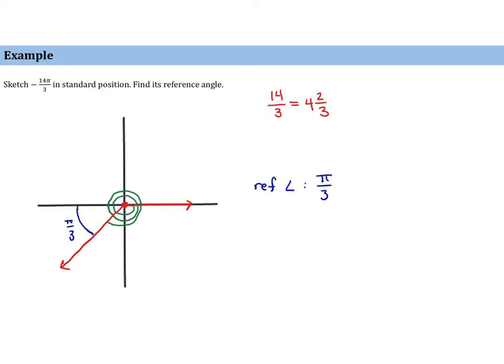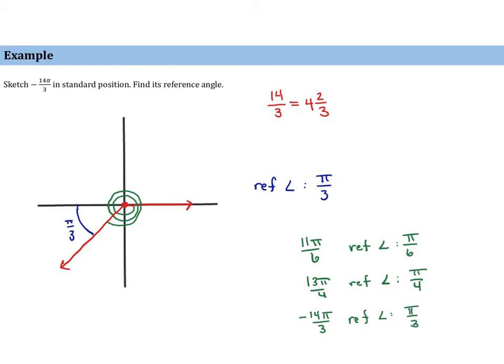So let's take an inventory of what we found up to this point with radians. We saw that 11 pi over 6 had a reference angle of pi over 6. We saw 13 pi over 4 had a reference angle of pi over 4. Here we saw that negative 14 pi over 3 had a reference angle of pi over 3.